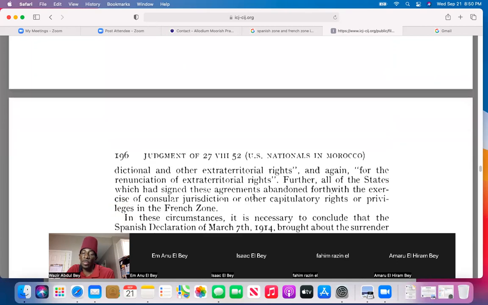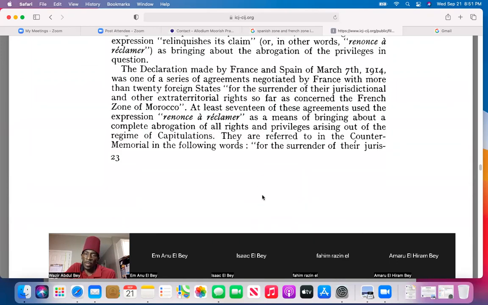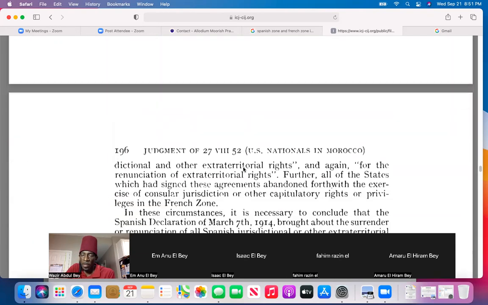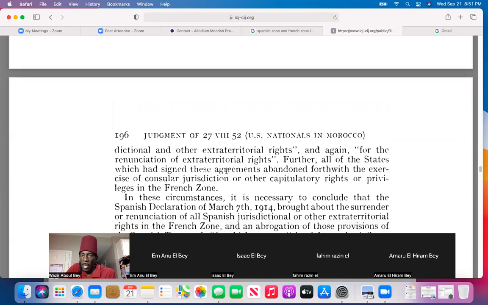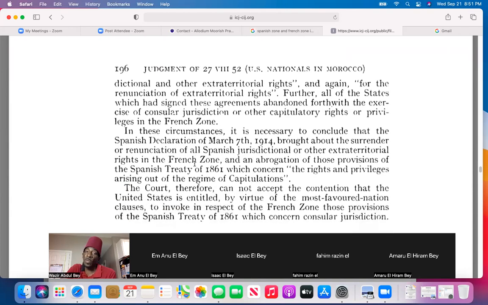So all these states, they keep talking about renouncing and surrendering jurisdictional rights and extraterritorial rights. And again, for the renunciation of extraterritorial rights, further, all of the states which had signed these agreements abandoned forthwith the exercise of consular jurisdiction or other capitulatory rights or privileges in the French zone.